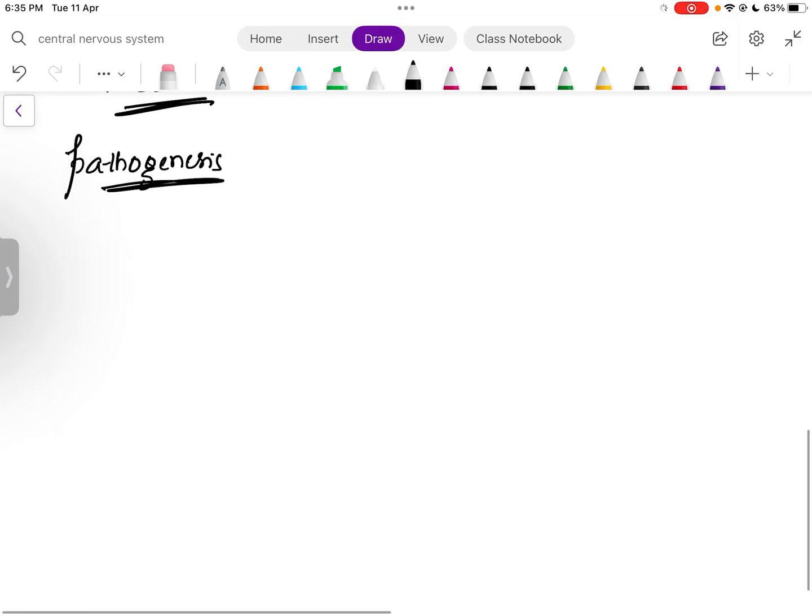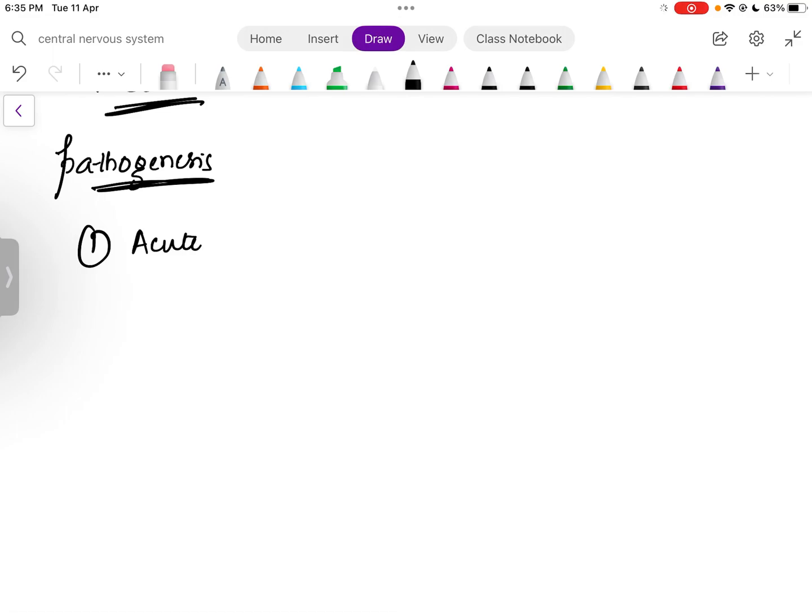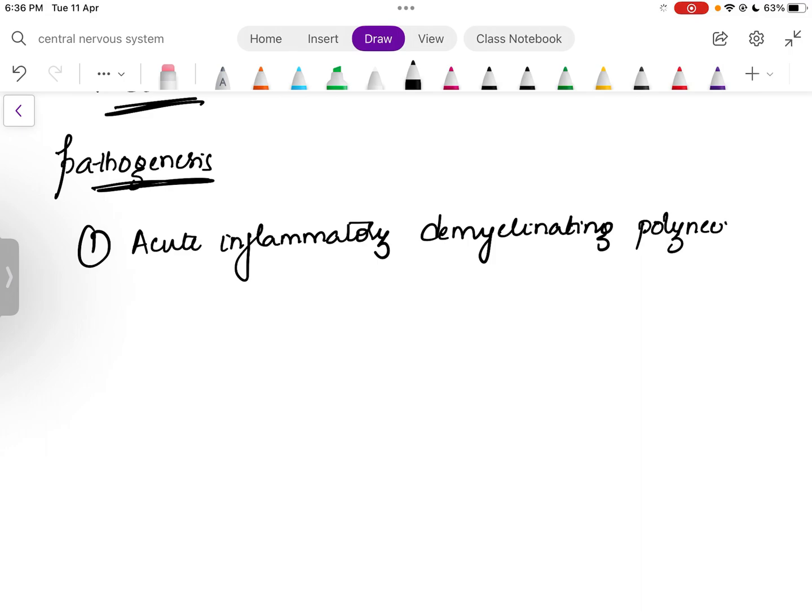We can see Guillain-Barré syndrome in different subtypes. One is called acute inflammatory demyelinating polyneuropathy, that is AIDP.